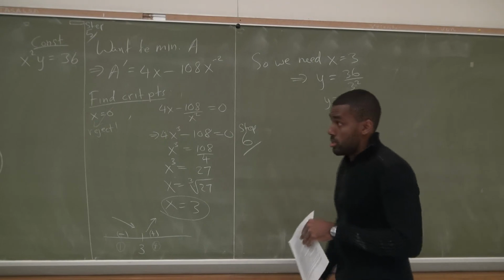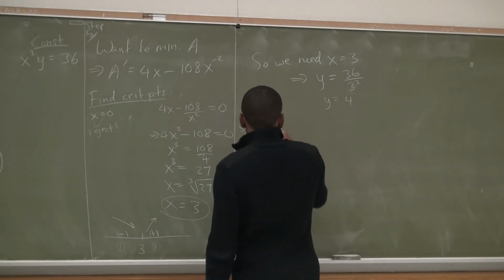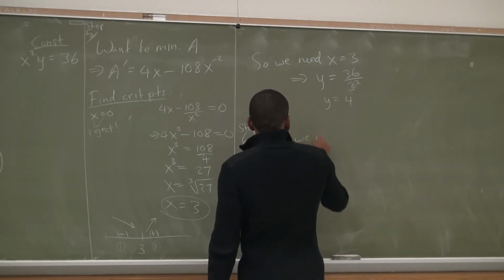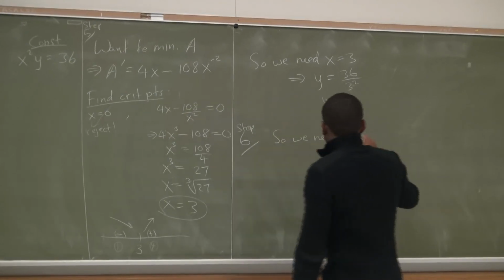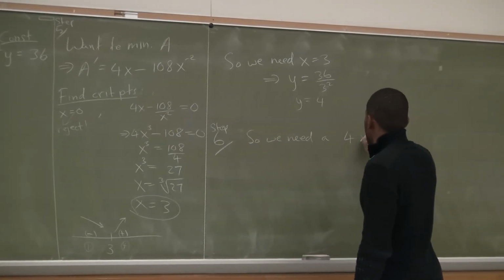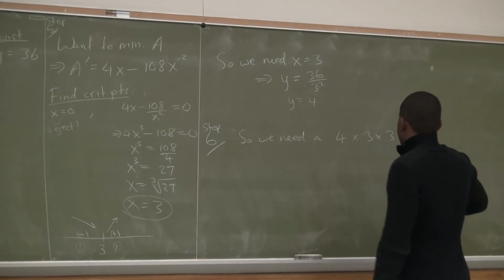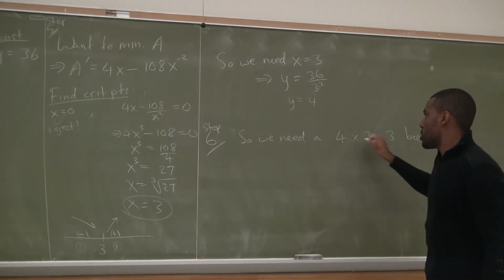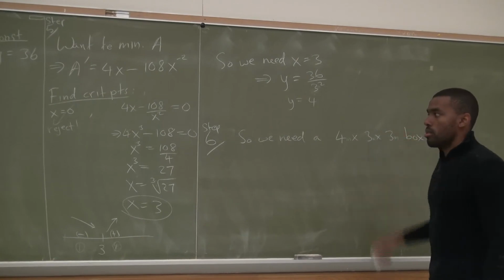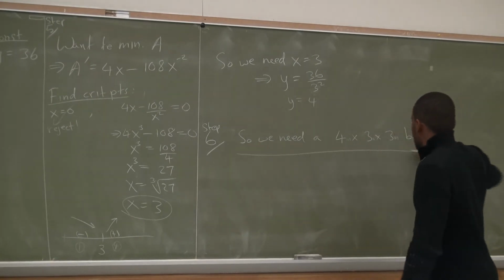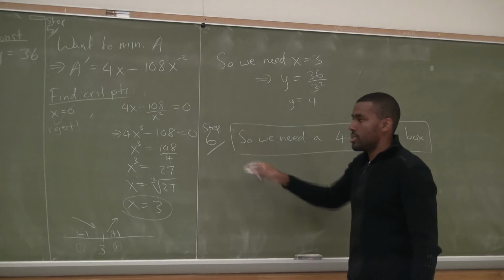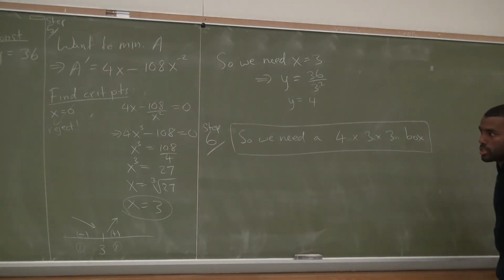Well, design, I guess we can tell them the dimensions. So we need a 4 by 3 by 3 box. And you can put inches here if you want. I don't need it. So that's the box you would design to fulfill this criteria.